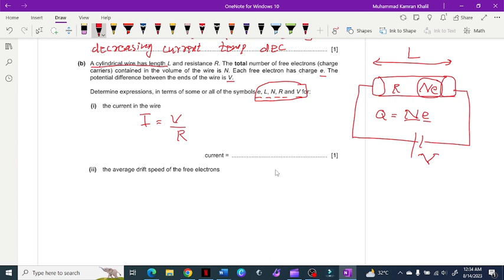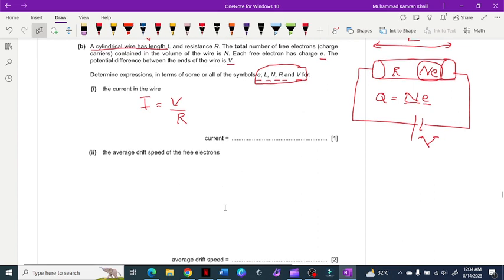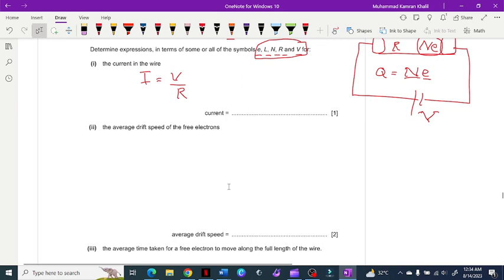Now for the next one, he is saying to calculate the average drift speed for free electrons. We will start from the very basic definition of the current, and then move forward.